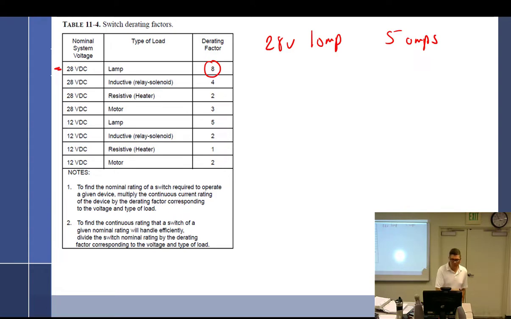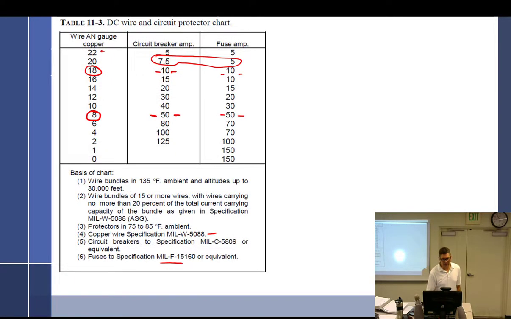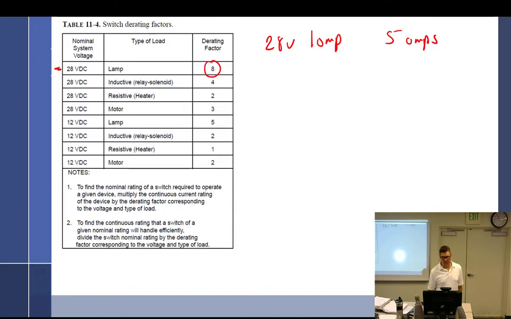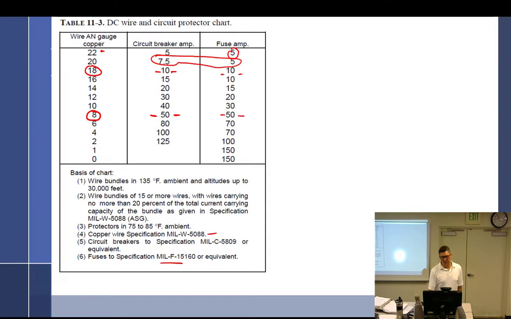Normally, if it wasn't one of these components and it was 5 amps, then we would just go to this other chart and say, well, what wire did we use? And pick the circuit breaker. But this time we're a little bit different. Say the lamp is 5 amps. Assuming it was a 5 amp load, which wire would you have chosen?